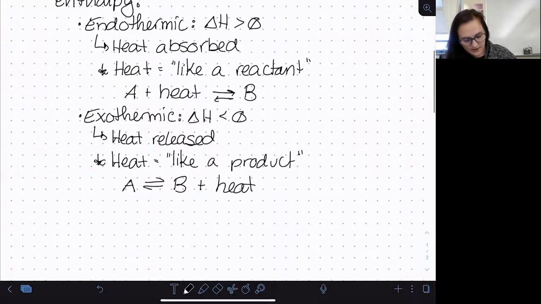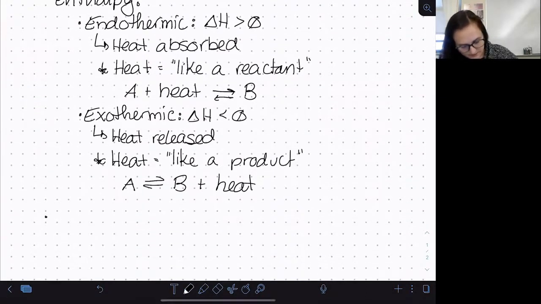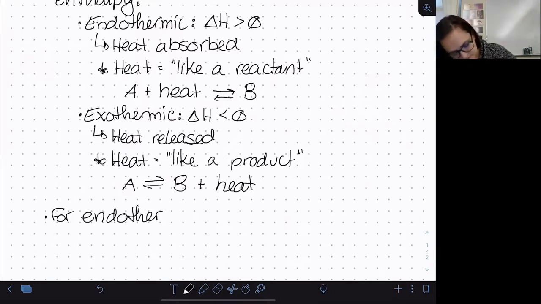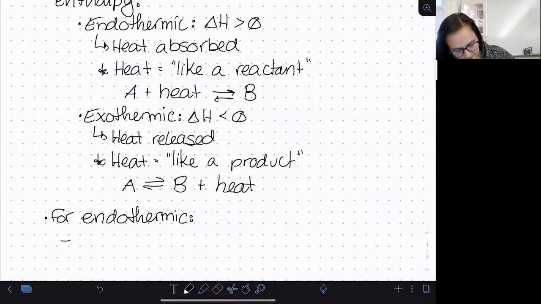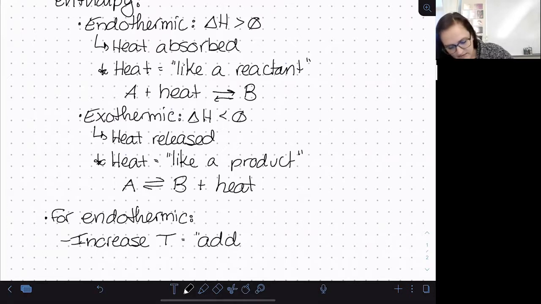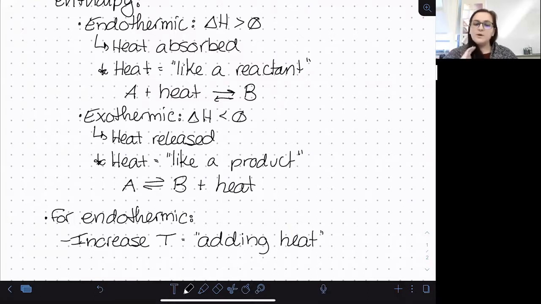So for an endothermic reaction, if we increase the temperature, increasing the temperature can be thought of as adding heat. For an endothermic process, we said that heat was kind of like a reactant.